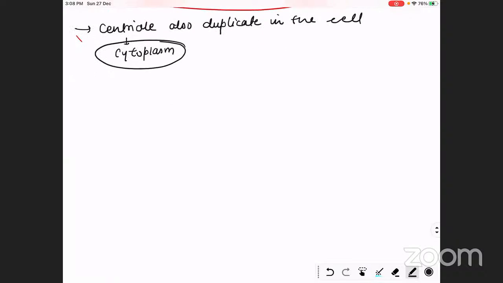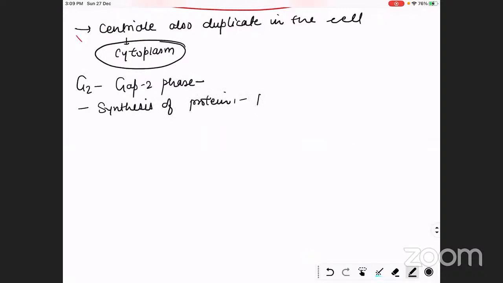Okay. Next phase is the G2 phase. In the G2 or gap 2 phase, there is synthesis of proteins like tubulin protein, and cell growth increases.